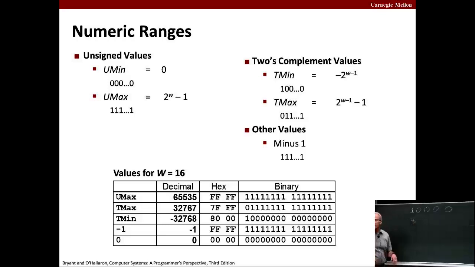And you can argue this, by the way, that this is the only bit that has a negative weight. All the other ones have positive ones. So certainly 1 and all the rest being zeros is going to be the smallest number. And similarly, the largest number you can represent will be 8 plus 4 plus 2 plus 1, which is 15.